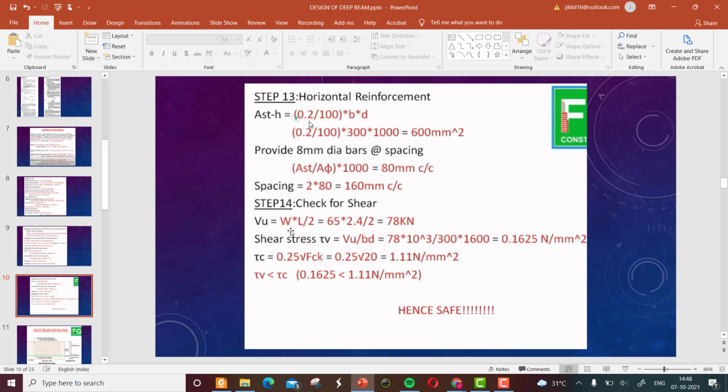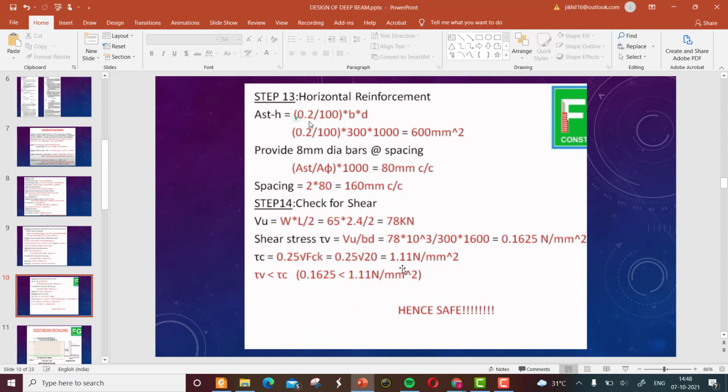So the shear value we are checking, the nominal shear check: Vu is equal to total load W into L divided by 2, which will give you the shear force. We can find the shear stress by tau v is equal to Vu by bd, by the cross-sectional area, b into d, which will give you 0.1625 Newton per mm².